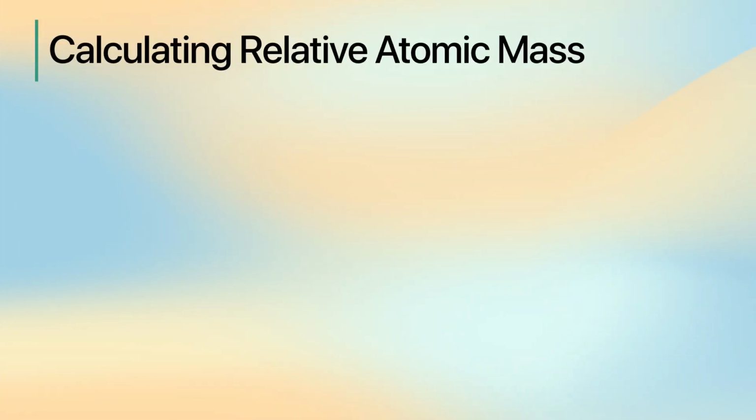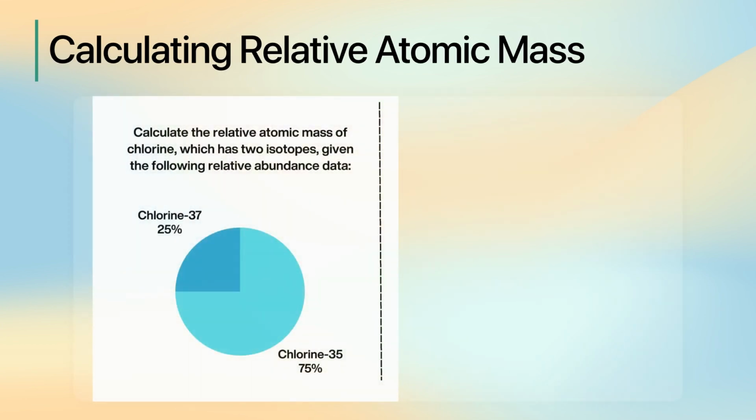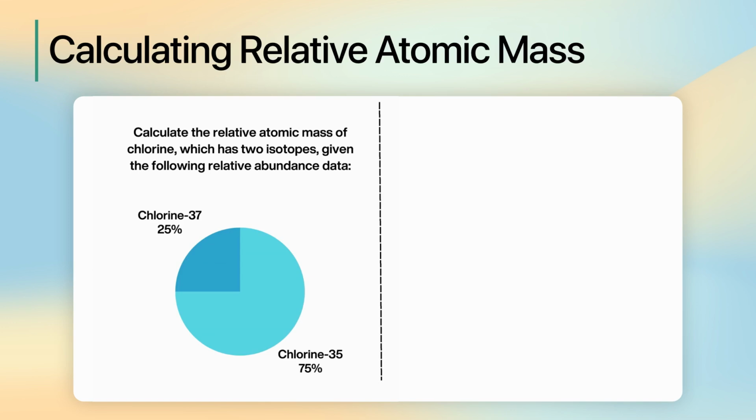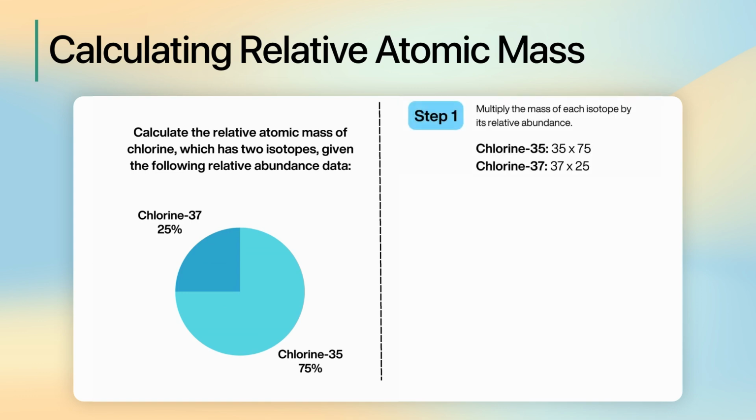Let's work through an example using chlorine, which has two isotopes, chlorine-35 with an abundance of 75% and chlorine-37 with an abundance of 25%. To find the relative atomic mass of chlorine, first, multiply the mass of each isotope by its relative abundance: 35 times 75 and 37 times 25.